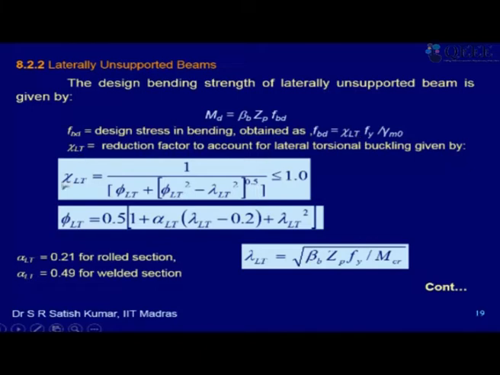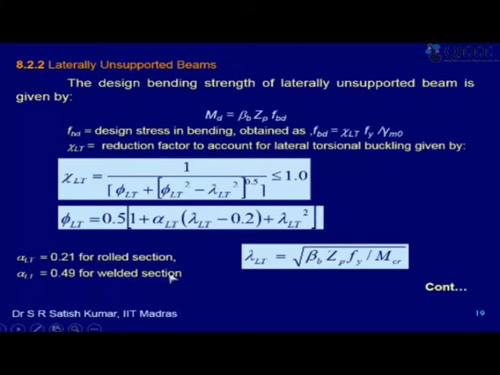The chi LT is given by exactly the same type of formula which we use for column buckling or the column strength curve. We used something called an imperfection factor. In this case, there are only 2 curves given because it's so complex that we can't consider all the possibilities, so we are conservatively making it simple. We are using only 2 alpha LT values, one for rolled sections and one for welded sections.